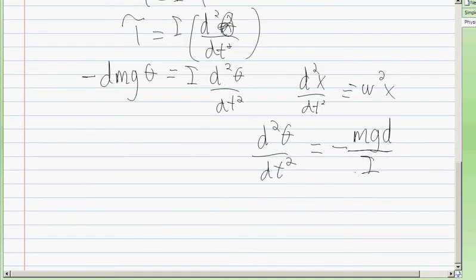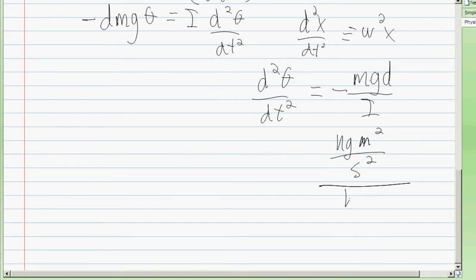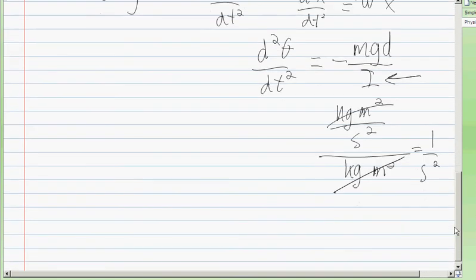Let's make sure we like the units. mgd is going to be the same as joules, which is kilogram meter squared over second squared, all divided by kilogram meter squared, because that's the moment of inertia one. So those go away. We have 1 over second squared, which is radians per second squared.